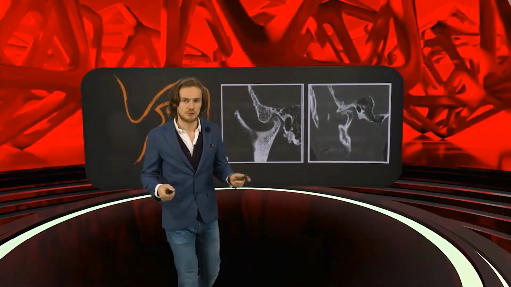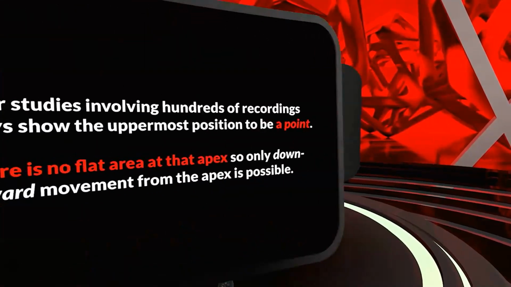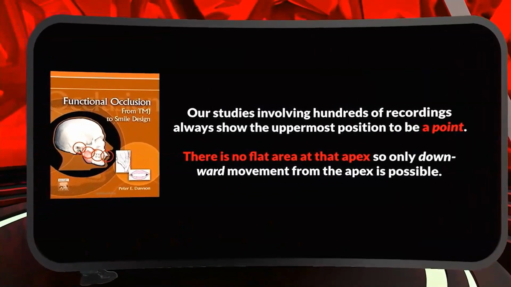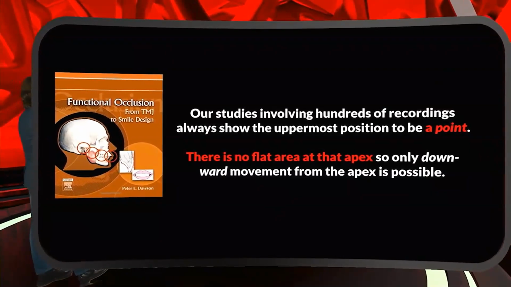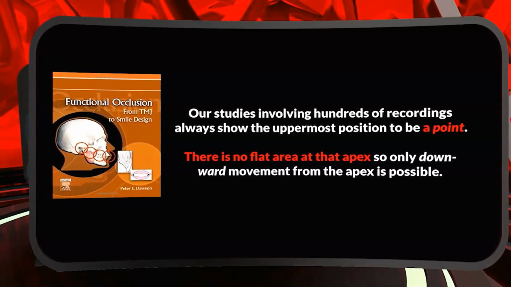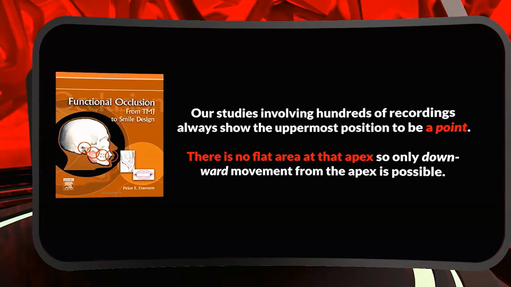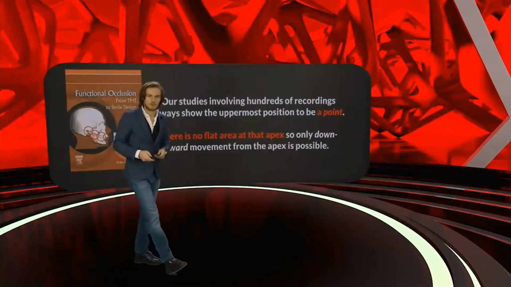So why am I saying this now? Because in some books you will read, especially in this book, that our studies involving hundreds of recordings always show the uppermost position to be a point. There is no flat area at that apex, so only downward movement from the apex is possible.